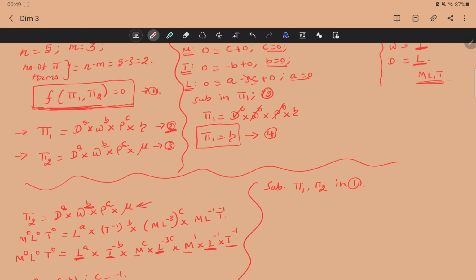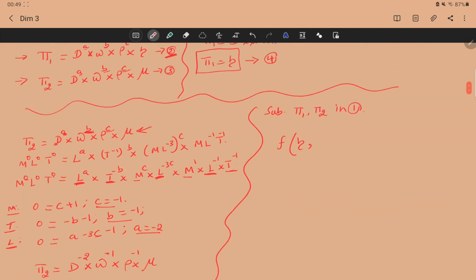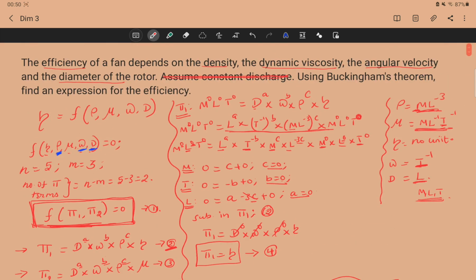Do you see? Equation 1 is f of pi 1 comma pi 2 is 0, so I can write it as f of pi 1 is efficiency comma pi 2 is mu by d square omega rho equals 0. And now if you think of it, what is the question asking us?